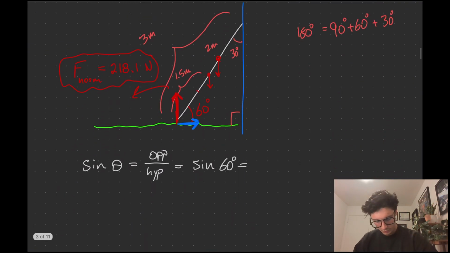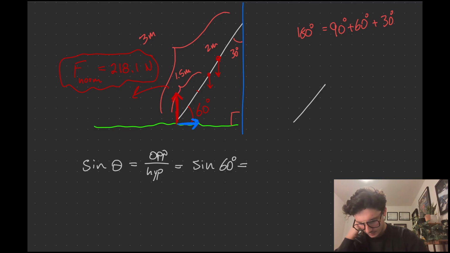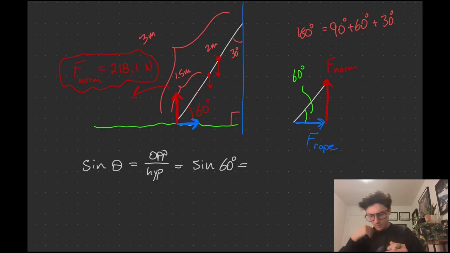Because if the 2/3 wasn't true, check out what we have here. We basically have a triangle where this is the ladder, right? Then over here we have the force vector, which is F rope. And then we do have this guy here, which is F normal. But if you translate this guy at the end of this one, this is completely okay to do. And you take a look at this angle here, this angle is 60 degrees. So what we could do is opposite over hypotenuse, nah.